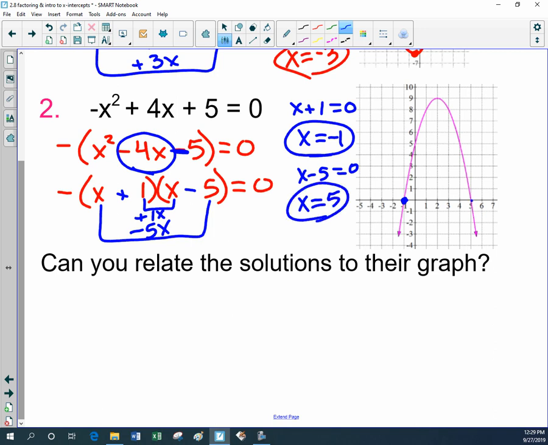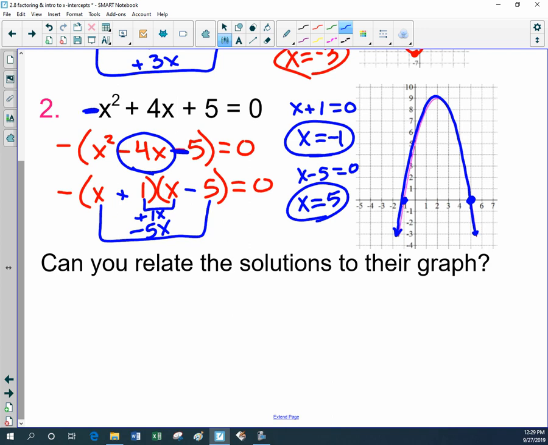Over here on the graph, here's 5. So that's another spot where the graph crosses the x-axis. And notice, as we talked about a second ago, this one opens down because the number in front of x squared is negative.